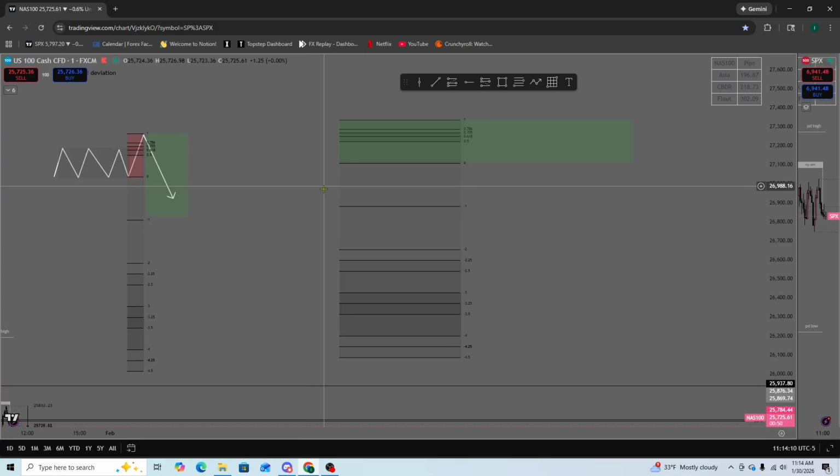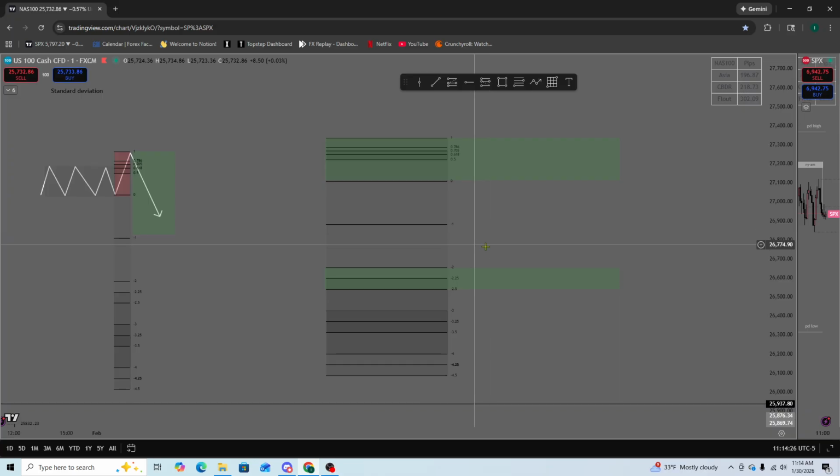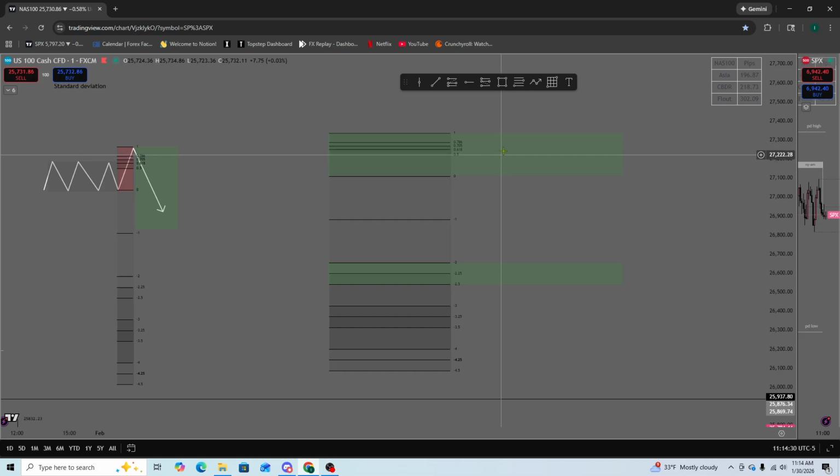So now what are we looking for? Our -2 to -2.5, that will be our first reversal. So this would be our first zone, where we would be looking for our first reversal, or we could be looking to take profits here. Now, our max expansion, that would be -4, -4.5.